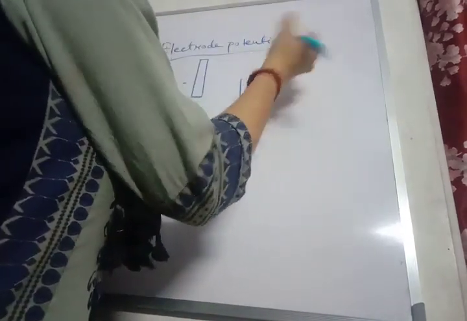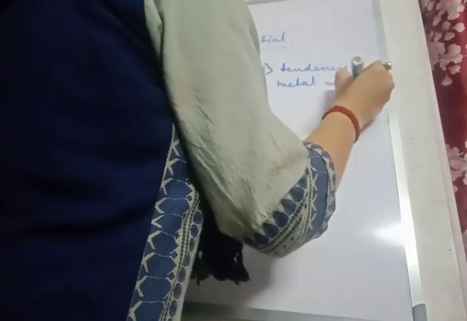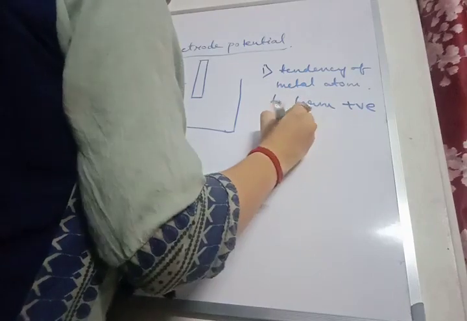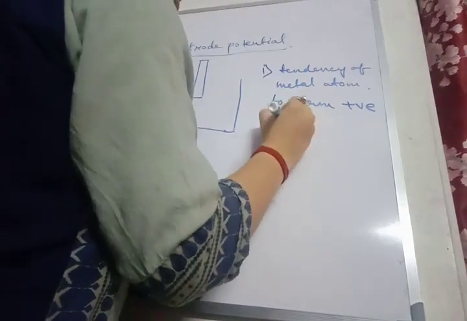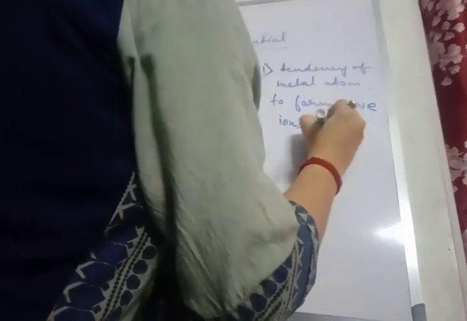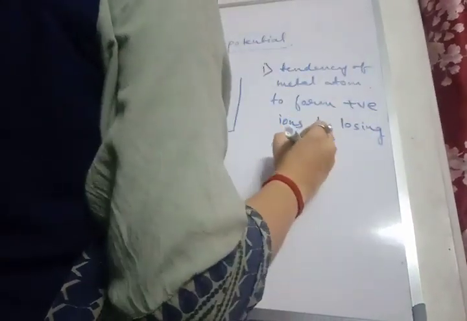Number one is the tendency of a metal atom to form positive ions by losing electrons.